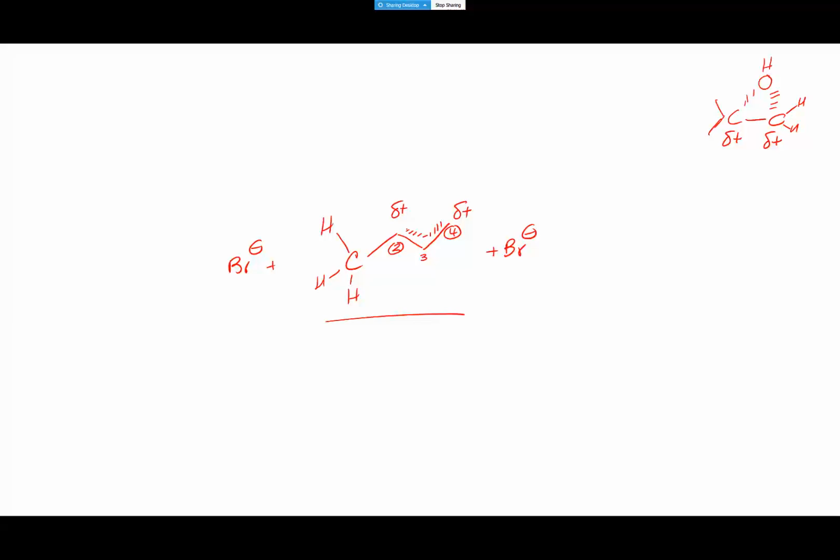Okay, that's a good argument. The argument is it'll react with 2 faster because 2 has the greater delta positive since it's secondary versus 4, which is a primary. I might have added a little bit to your argument, but yeah. Does that sound like a good argument, Megan? And that's the consequence of it having a greater delta positive charge.